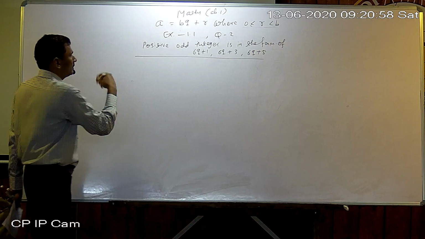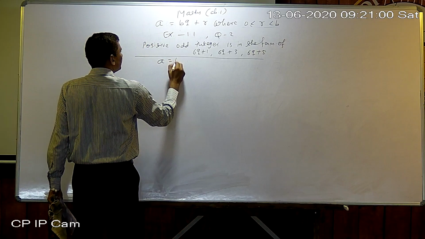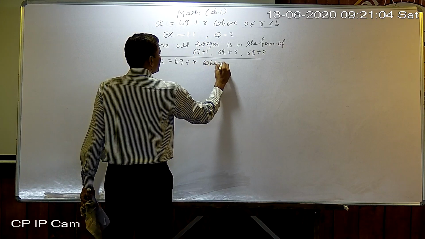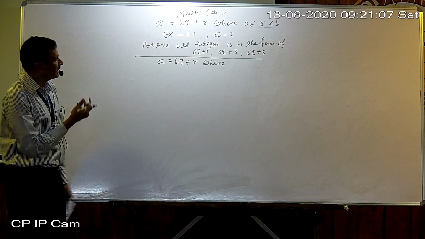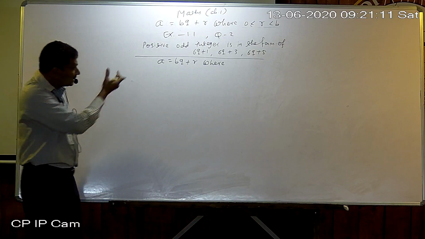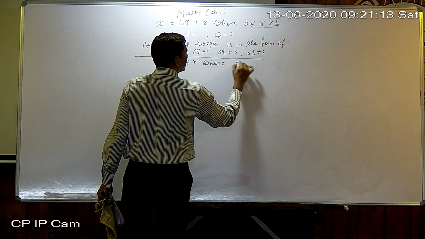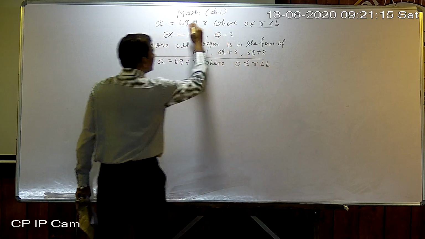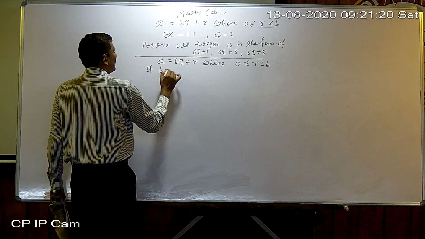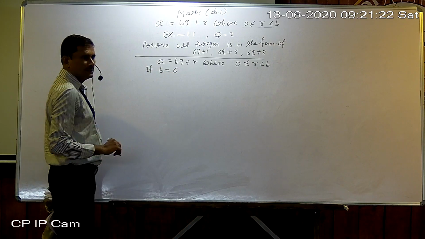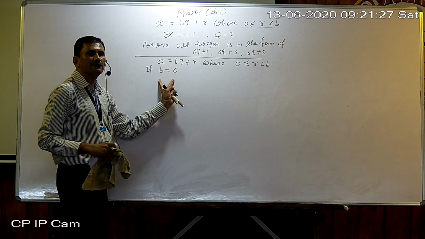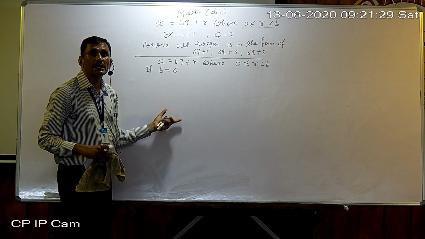Now look, a is equal to bq plus r. Every time write this Euclid's lemma at the starting step of any question of this type. Now if b equal to 6, we have to go through that part. Whenever we have b, at that time only we can write expressions of a.